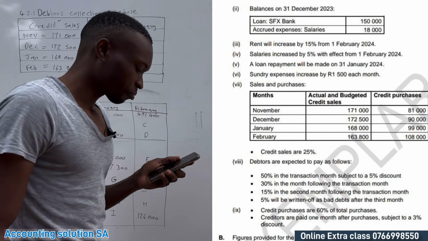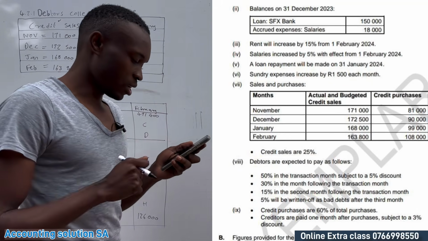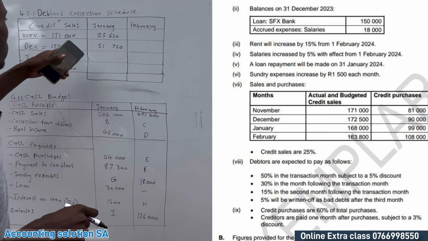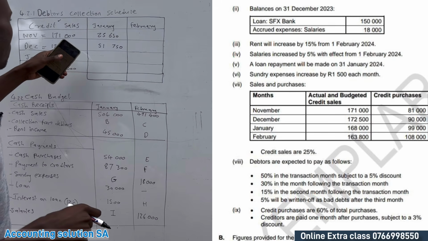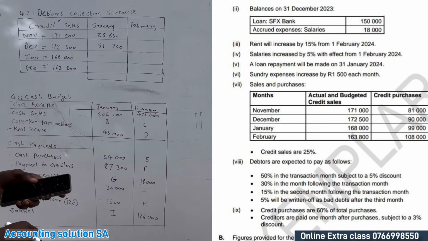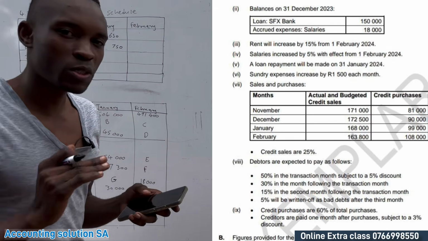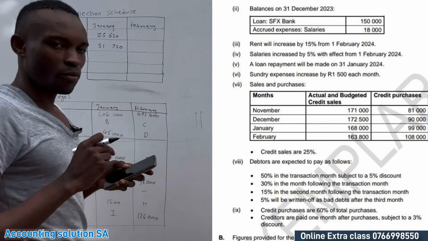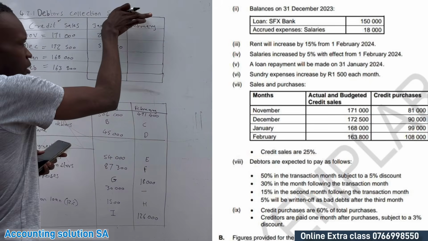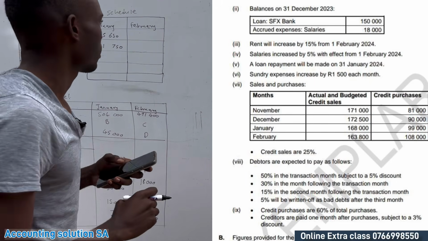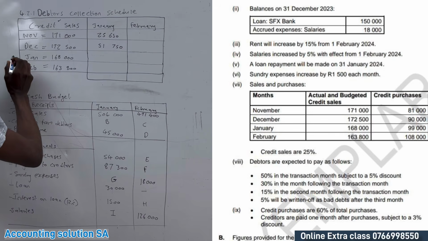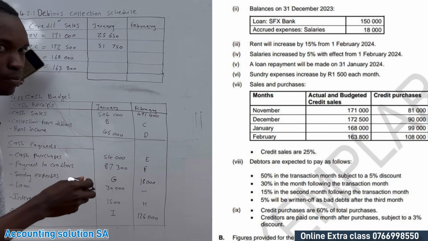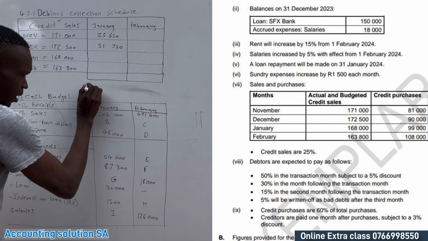So let's do it in this case. Let's start with the month of December. To make it simpler, this side we call months of sale, and this side is the months that we are required to prepare. Let's pick January as the month of sales, like my example.